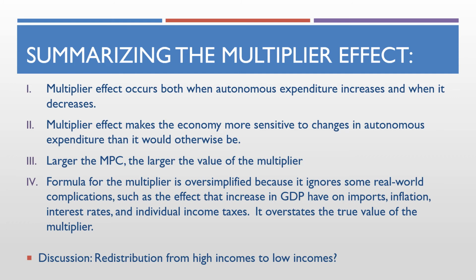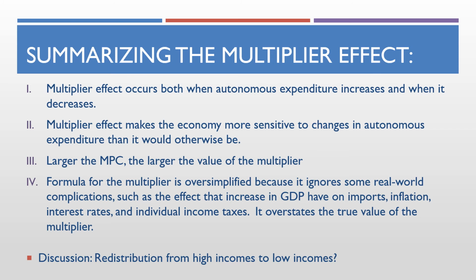Well, you might want to think about a group of people that has low income compared to a group of people that has a very high income in the economy. Which one do we want to take income from and put into our tax revenues? And also think about which group of people has a higher MPC.